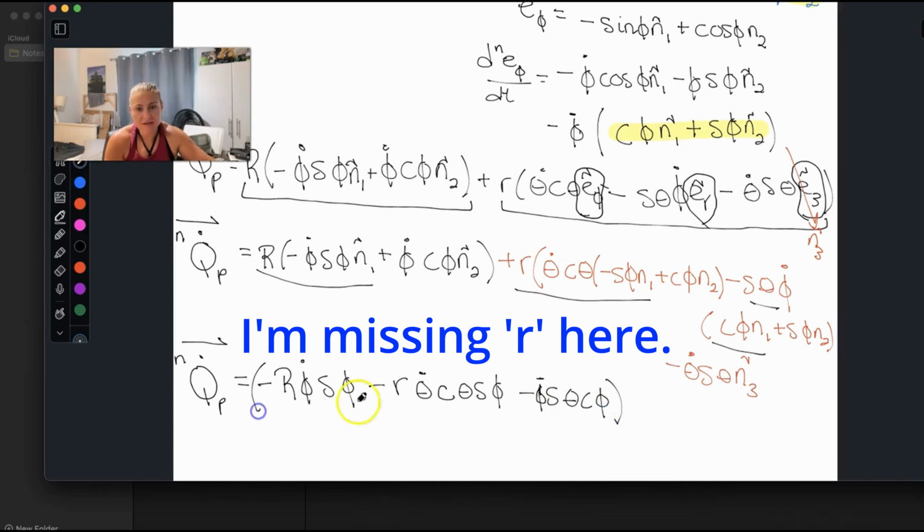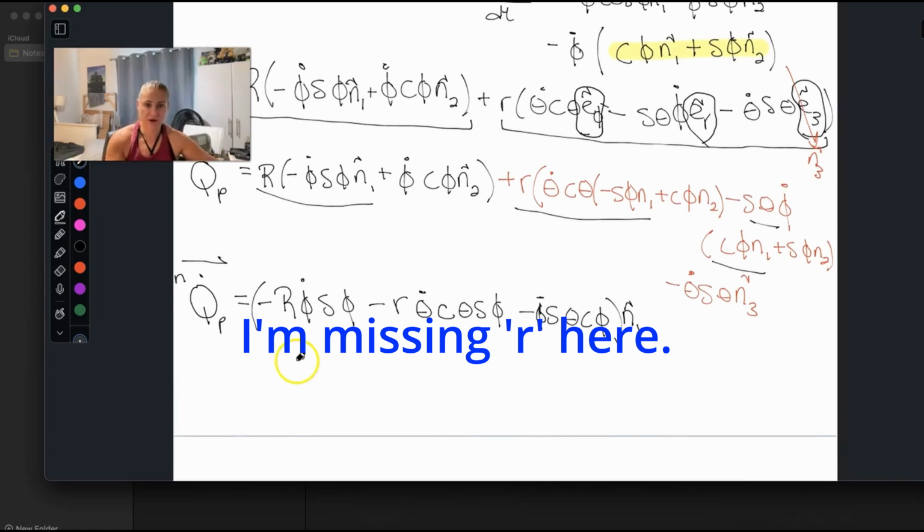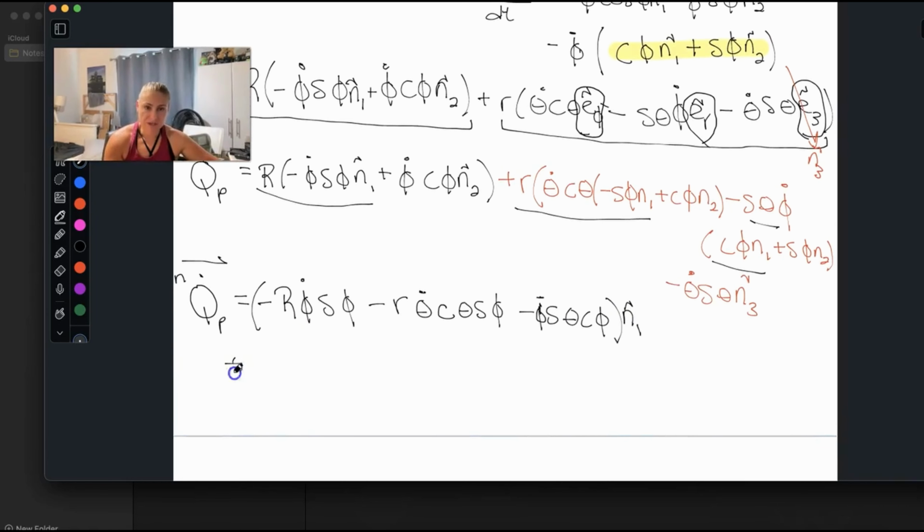All of that is in my N1 direction. Now let's do the same thing for N2. We will have plus R theta dot cosine theta plus R theta dot cosine theta times cosine phi.